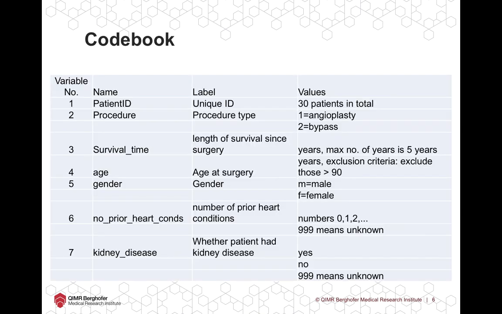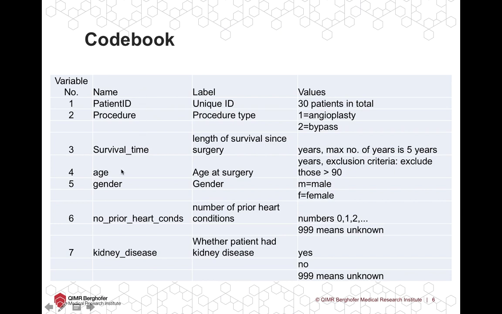So this is an example of a codebook. In this second column here, we have what each of our variable names are. So we have patient ID, procedure, survival underscore time, age, gender, prior heart conditions, kidney disease. But along with all these variable names, we want to know exactly what they are.